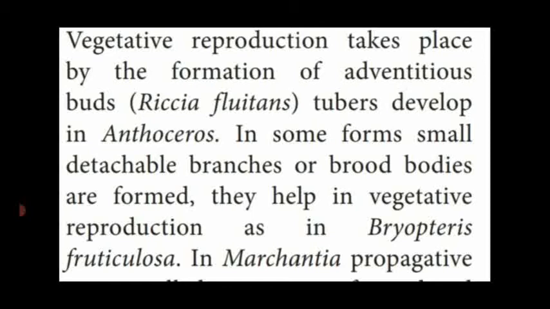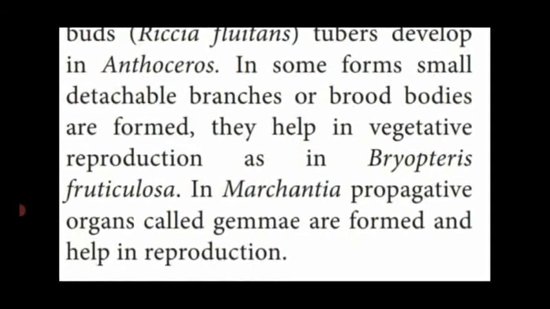Bryopteris fruticulosa shows detachable branches or brood bodies which help in vegetative reproduction. Marchantia shows a special type of propagative organ called gemmae. I already showed it in the diagram. Gemmae are responsible for vegetative reproduction.